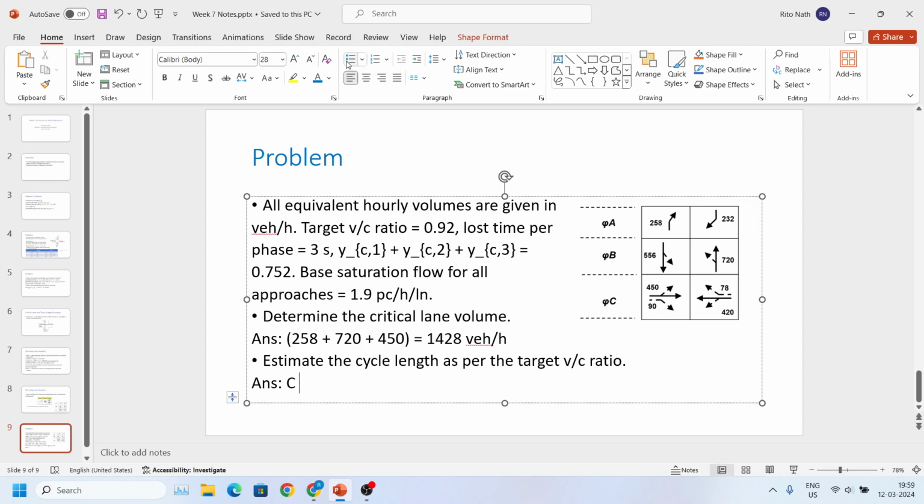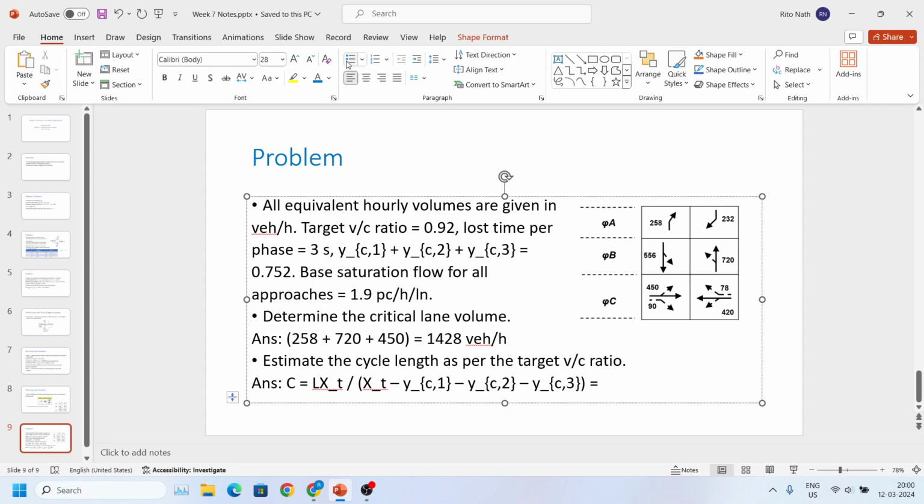So the formula is C equals L times XT divided by XT minus YC1 minus YC2 minus YC3. Here L is the total lost time that you have to calculate, and XT is the target V by C ratio that we are looking at.